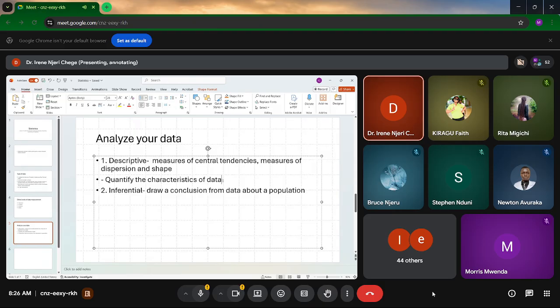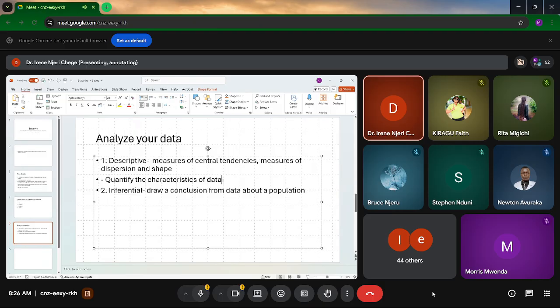But in descriptive statistics, you use descriptions to quantify the characteristics of data. Are we together? So inferential statistics will just draw conclusions from a sample about a population.